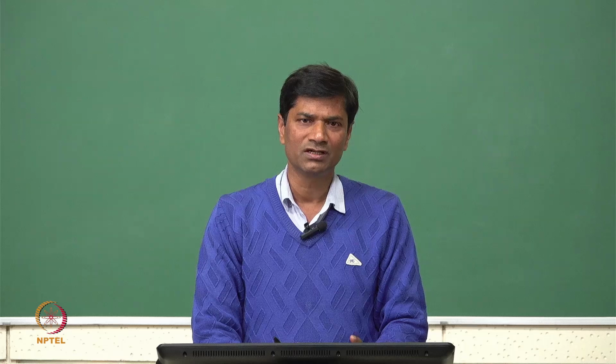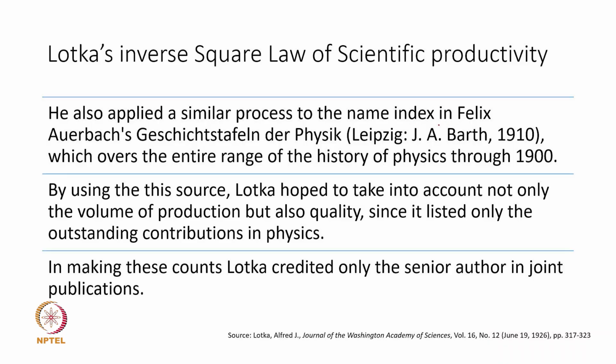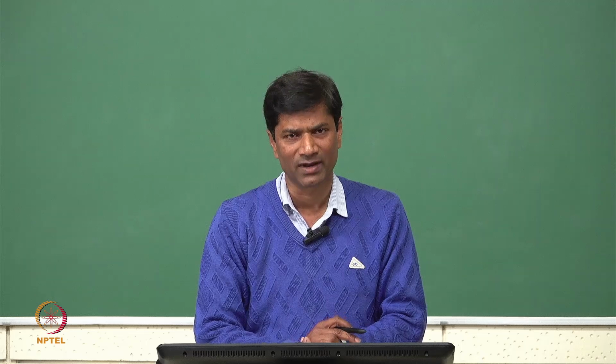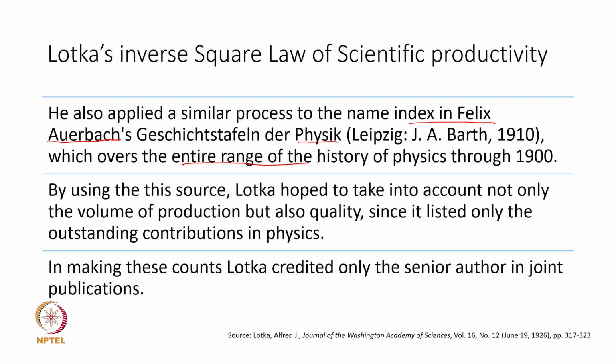Another source was the index in Auerbach's Geschichtstafeln of physics, and the basic reason Lotka explained for taking this is that it covers the entire range of the history of physics through 1900.